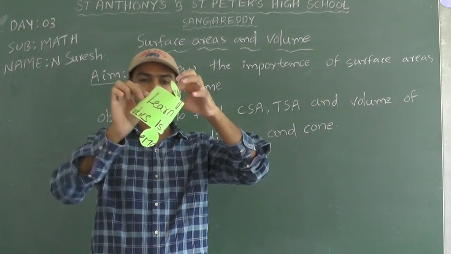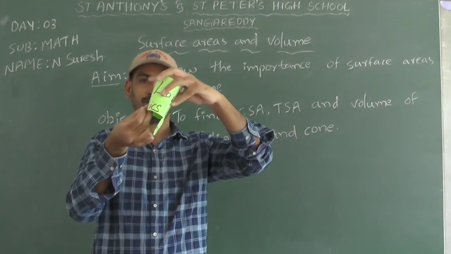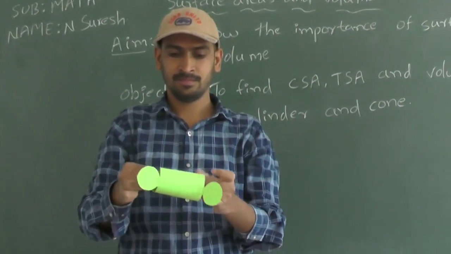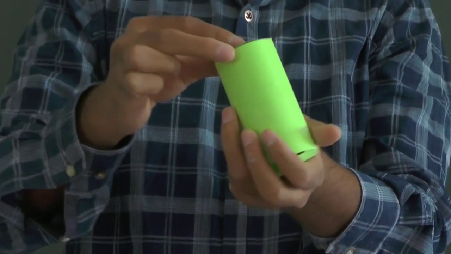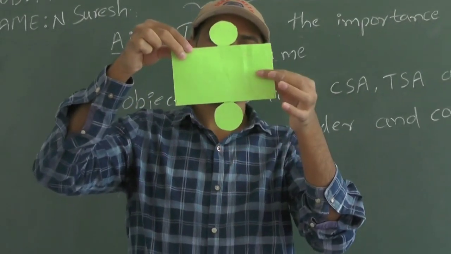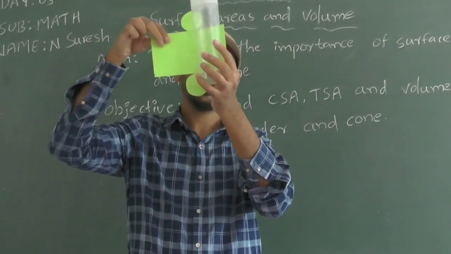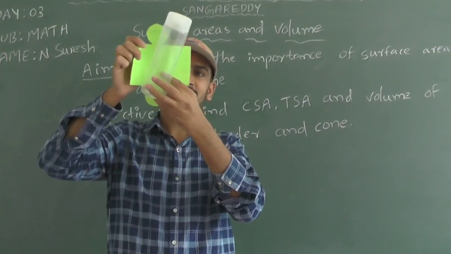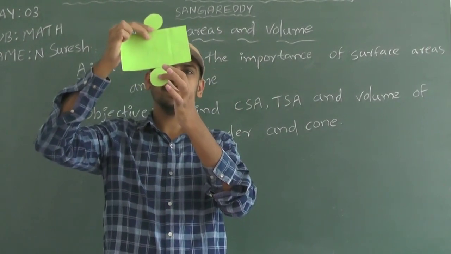If you fold this, it forms a cylinder. If you unfold the curved surface, it becomes a rectangle, and the top is a circle, and again the base is a circle.